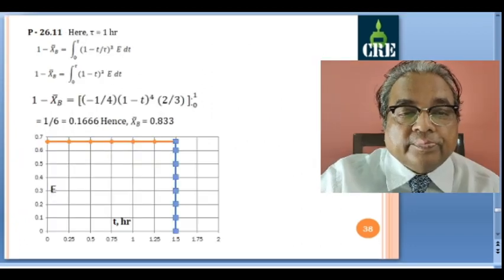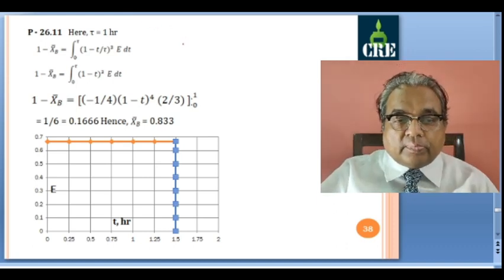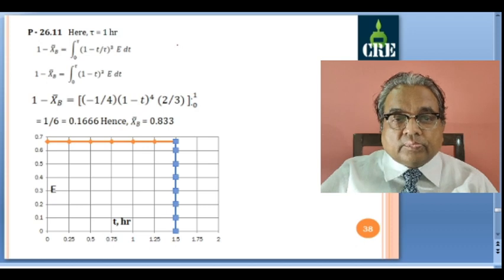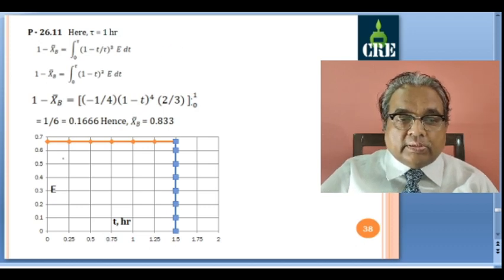Now we'll study 4 problems on similar data. The only difference here is we are using exit age distribution curves. This is the E exit age distribution, and on the x-axis you have time t in hour.